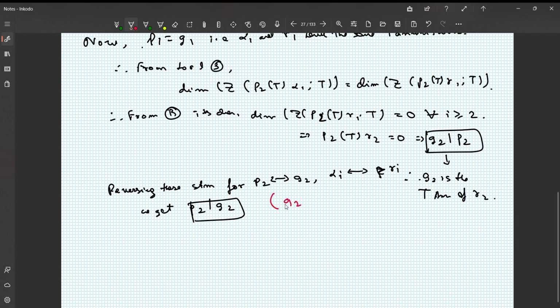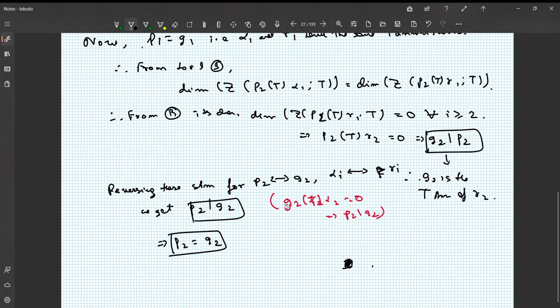So proceeding, we will simply get that G2(T) of alpha 2 is equal to 0, right? But P2 is the T-annihilator of alpha 2, so that would mean P2 must divide G2. Is it clear? So these two imply that P2 is equal to G2.